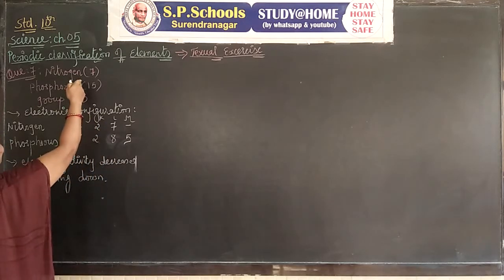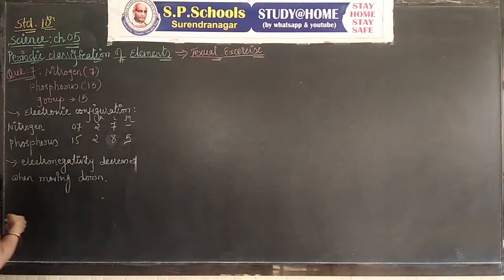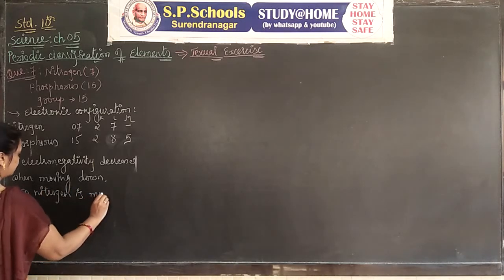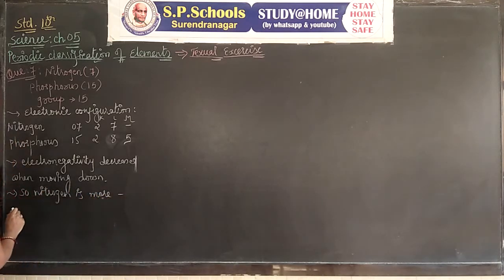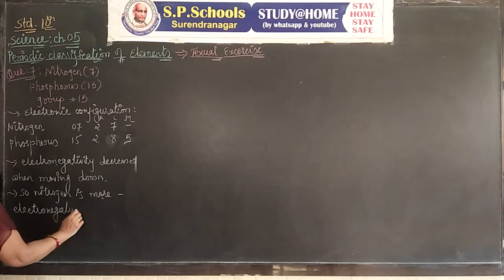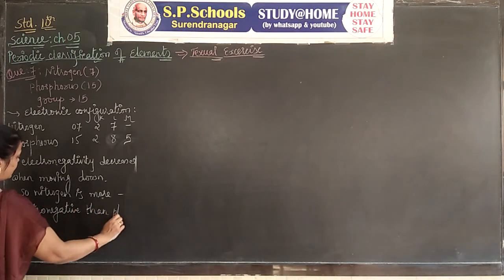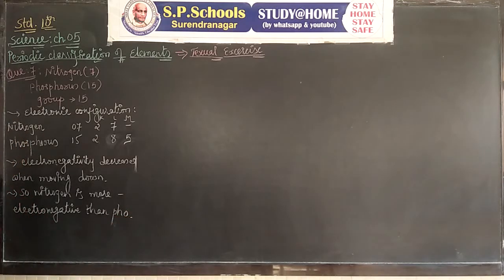When moving down, electronegativity will be decreased. So, nitrogen is more electronegative than phosphorus.